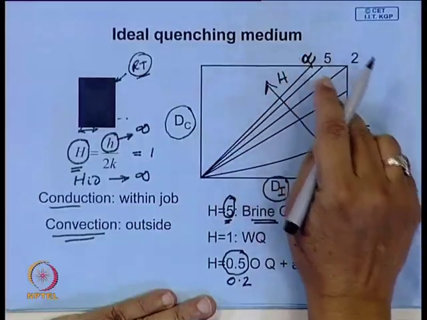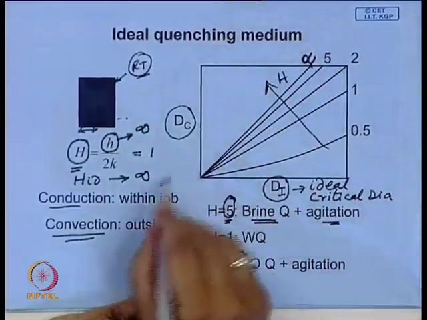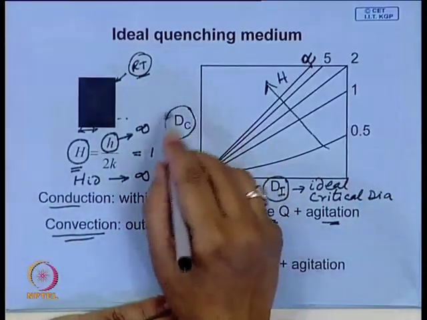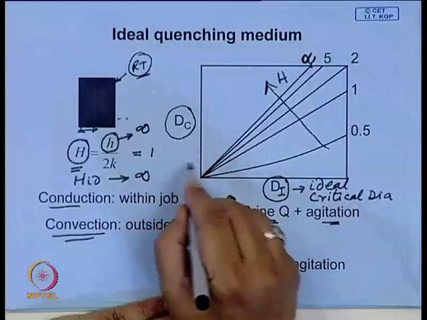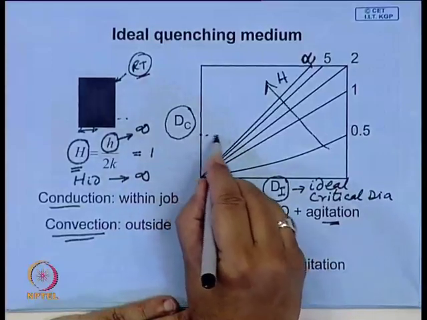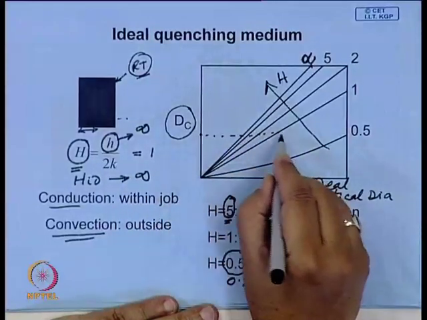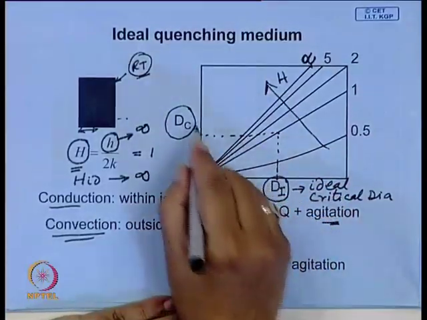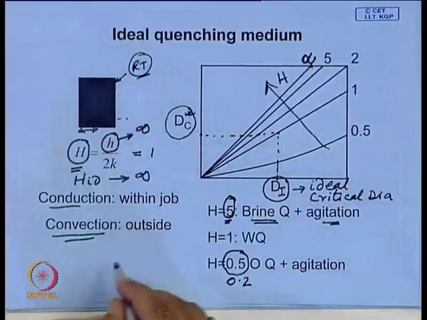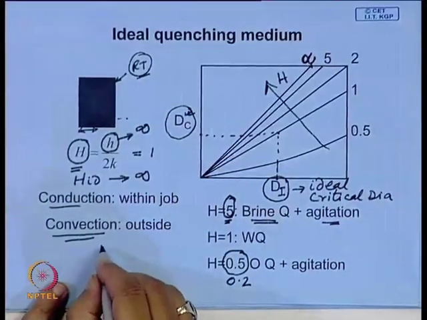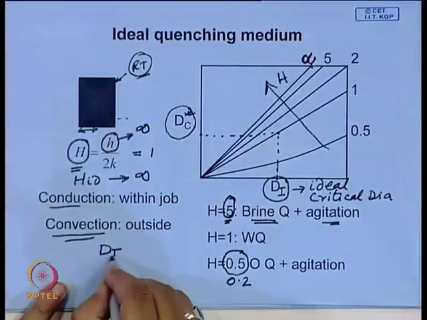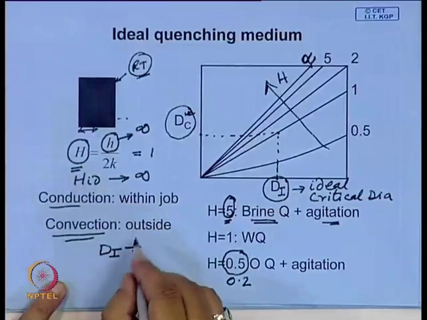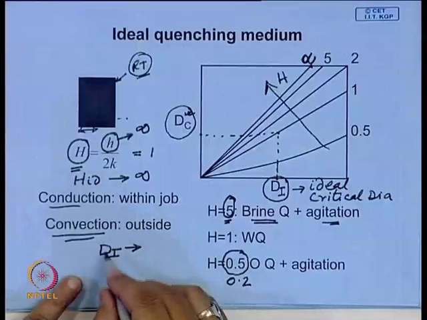So, as the quenching severity decreases, you will find that if you have found out this critical diameter by, say, let us say by water quenching here, then you can say that an ideal critical diameter will be higher than dC. So, in all cases you will find that ideal critical diameter is a dimension of the job, is the maximum dimension of the job.